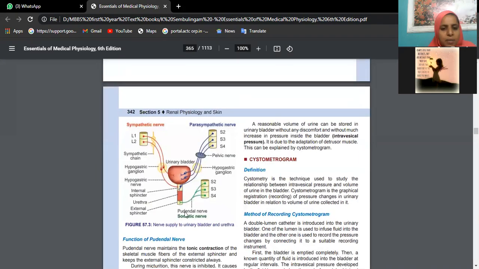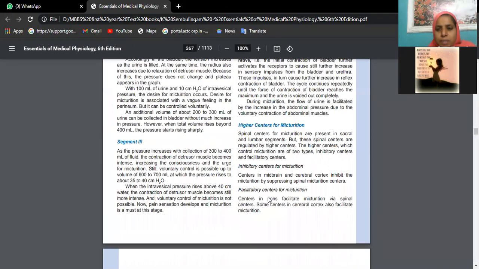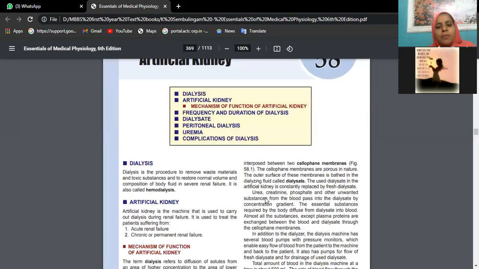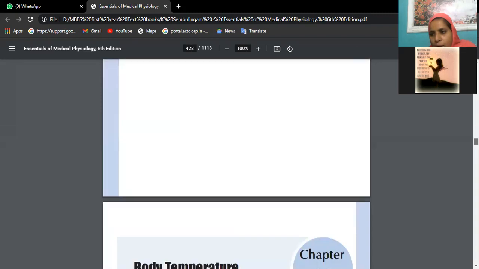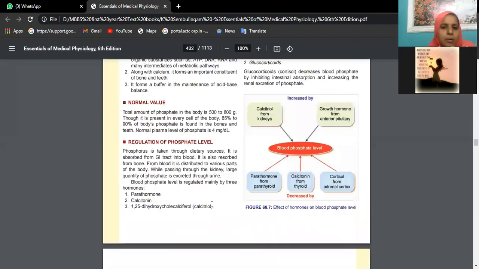So this is the innervation of urinary bladder, nerve supply. Okay. One side sympathetic nerves are shown and the other side parasympathetic nerves are shown. Learn this picture and you can write in your own words what are the sympathetic nerves, list out, and parasympathetic nerves. Okay. So these are the nerves we are finding at urethra. Okay, that is the innervation of urinary bladder. Then 673 page we have hypoxia and all.